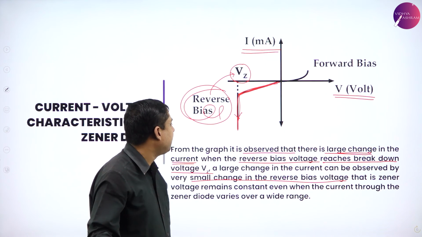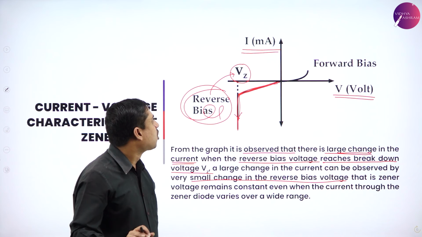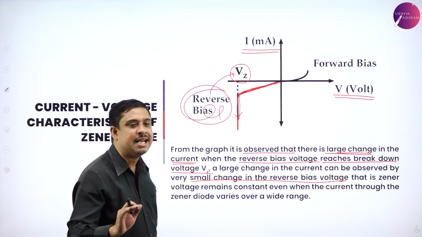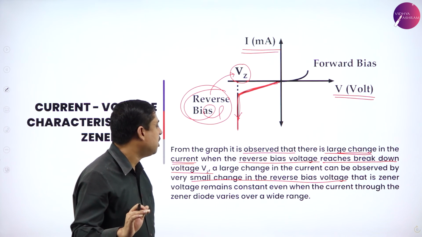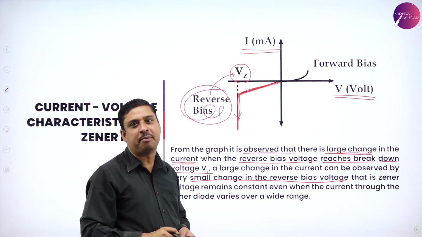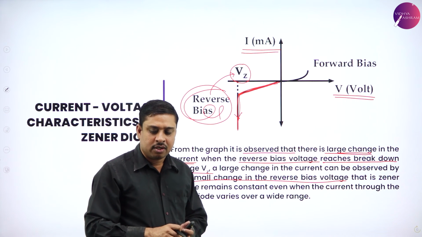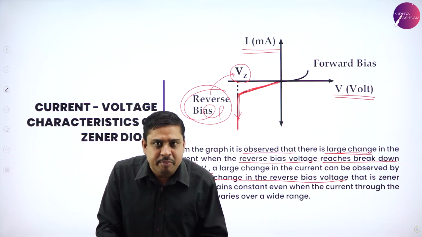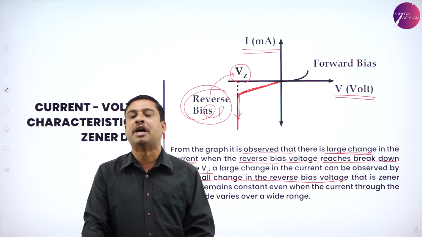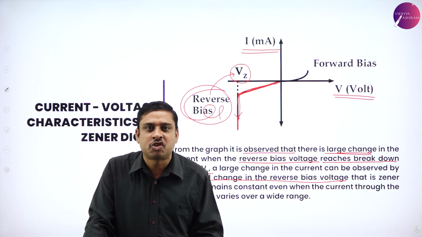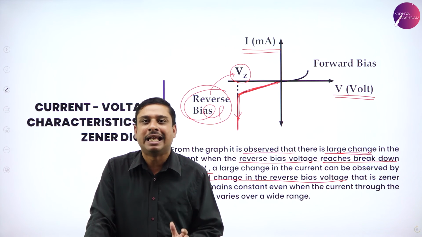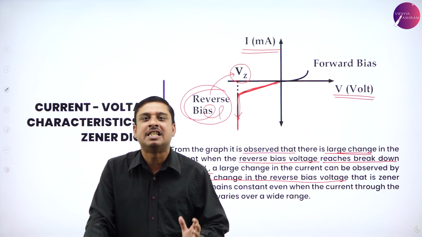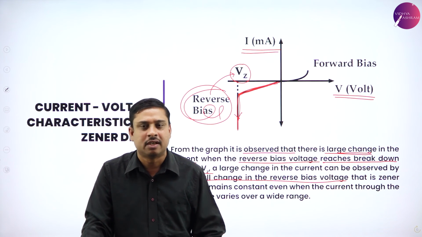So this reverse bias voltage called Zener voltage remains constant for a wide range of applications. Here you have to understand the primary importance of a Zener diode: it functions only under reverse bias conditions.